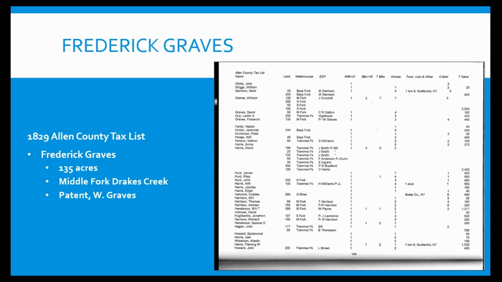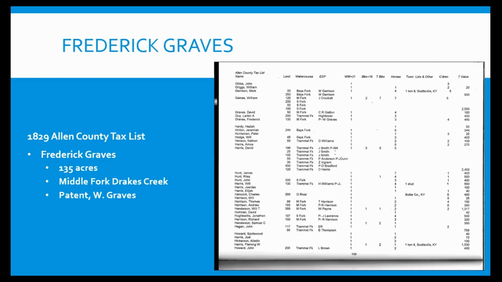So on this abstract in 1829, we find Frederick Graves being taxed for 135 acres on the Middle Fork of Drake's Creek. And it says P.W. Graves, which stands for patented by William Graves. So this is a clue that something's going on here.